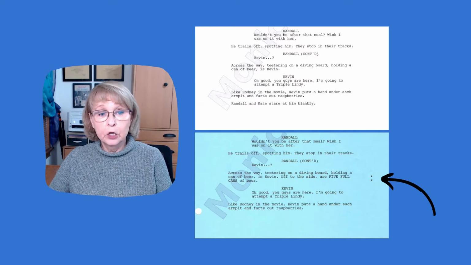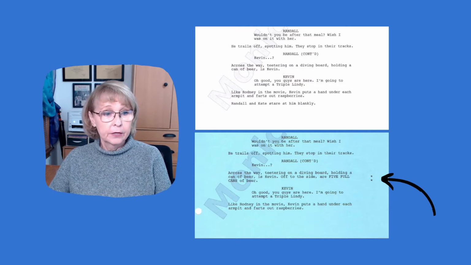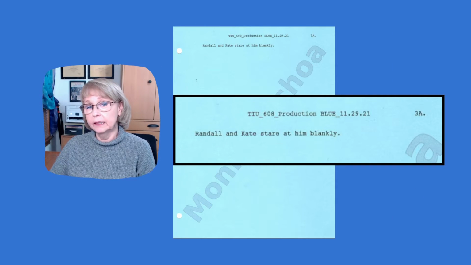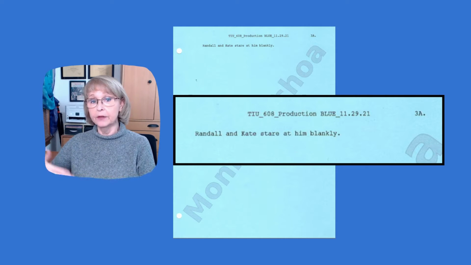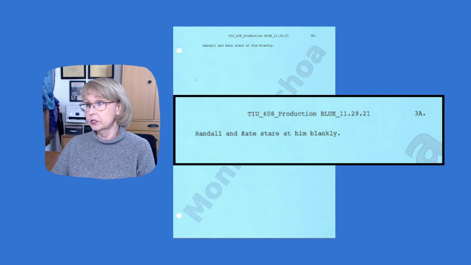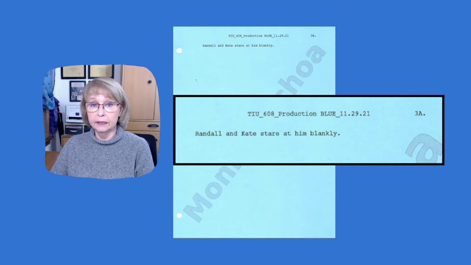If you notice on the white pages, that page ends with Randall and Kate stare at him blankly. And in the blue pages, because they added that extra line in there, it pushed everything down. Because they couldn't get that last line in that page 3, they had to add another page just for that last line, Randall and Kate stare at him blankly.